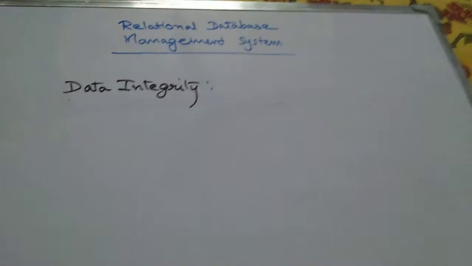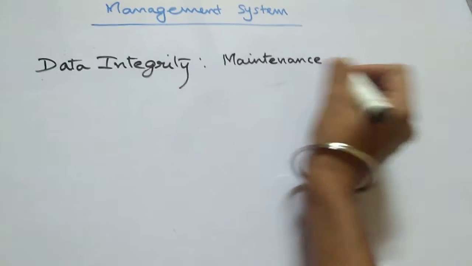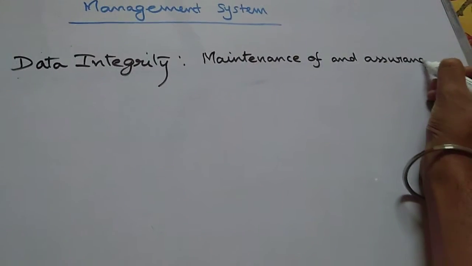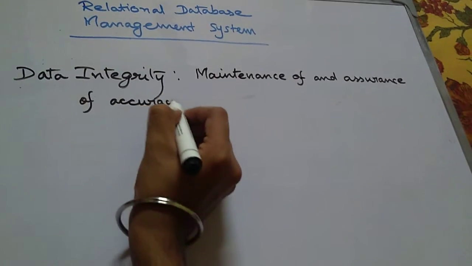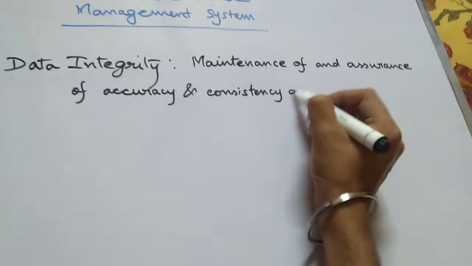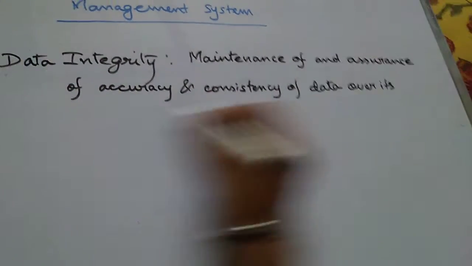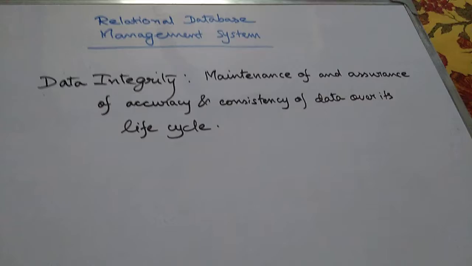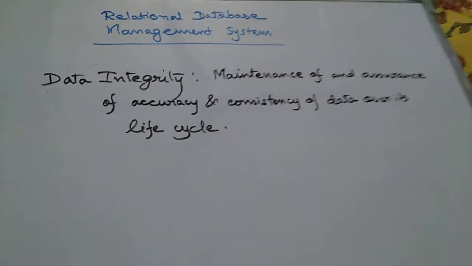Data integrity is the maintenance of and assurance of accuracy and consistency of data over its life cycle.